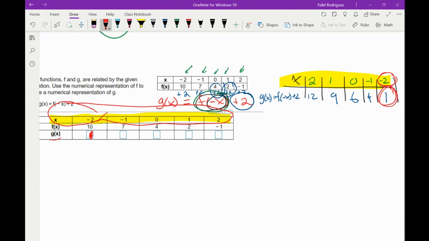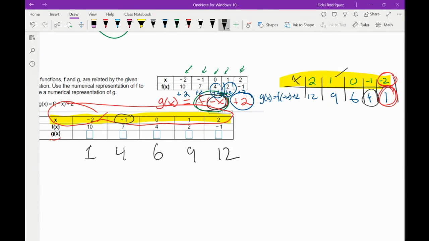That number right here is the number 1. And then look, when x is negative 1, what is the y value? That was a 4, right? And when x is 0, y is 6. And when x is 1, y is 9. And when x is 2, y is 12, right?